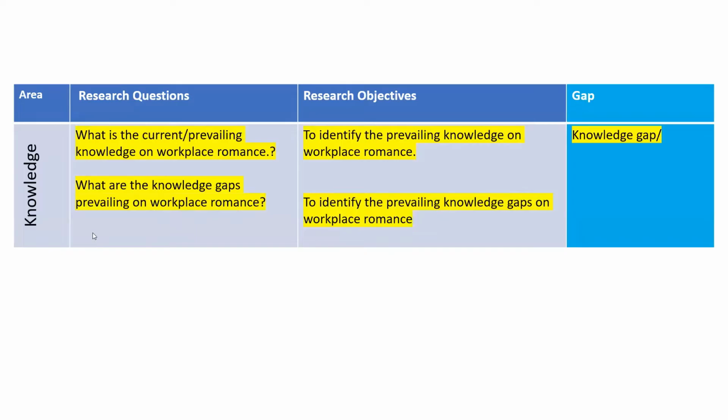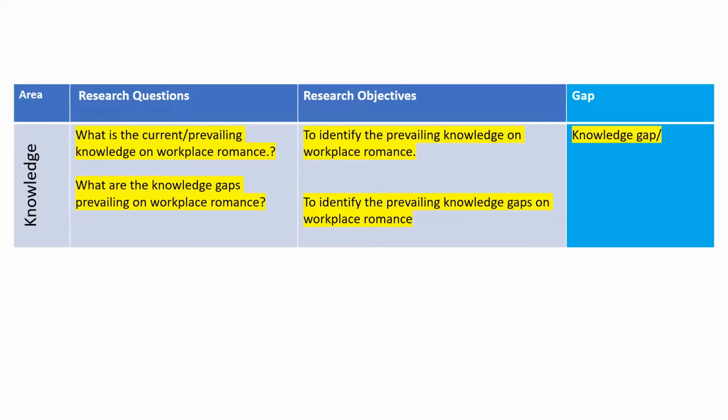Basically, SLR is to find out the current knowledge and the gaps. An SLR is a review study which is done systematically. When you are going to do research, you are supposed to find out the current knowledge, right?